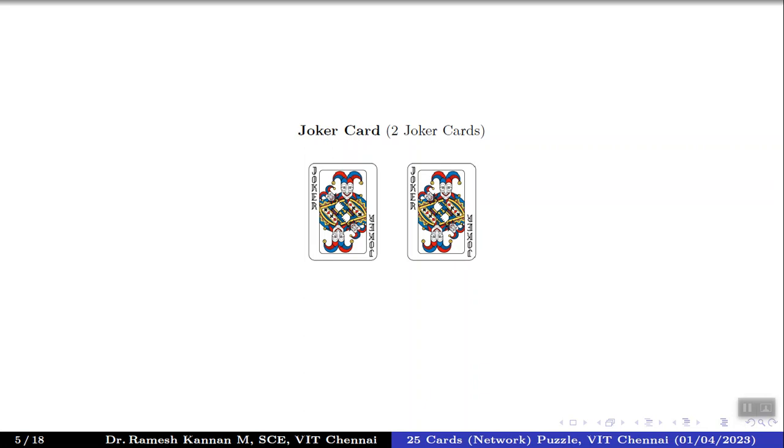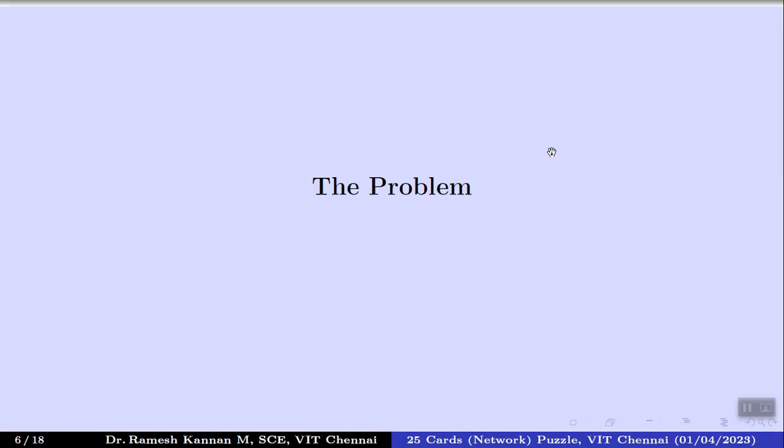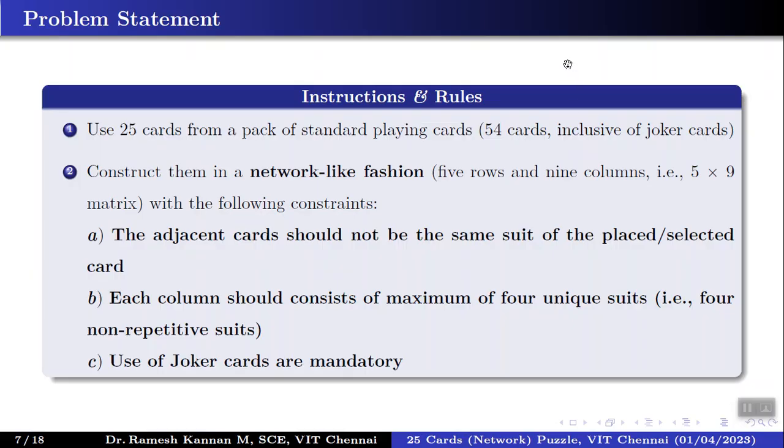Fine. So what we're going to make use of these playing cards for is the problem statement, in fact. The rule is we need to draw 25 cards from a deck of playing cards, inclusive of jokers. That's very important, and I'll let you know why we specifically want to use jokers.